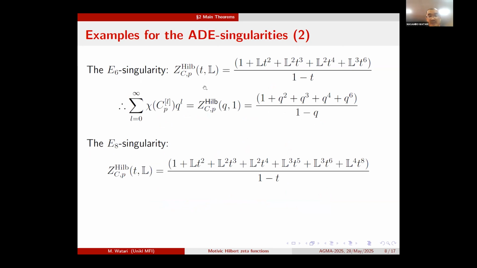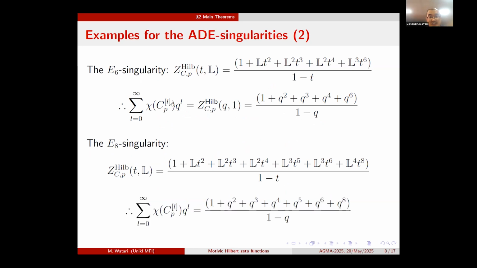Similar to the previous slides, we can obtain the Motivic Hilbert zeta functions, and by theorem 1, the generating function of Euler numbers in these ways. Originally, the Motivic Hilbert zeta functions are defined as a formal power series in T, but in these concrete examples, these became rational functions in T.